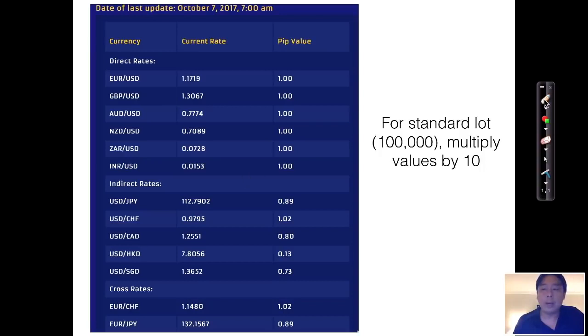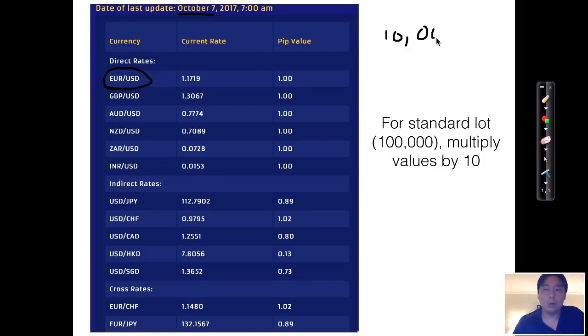So on this day, when I log in, it's the 7th of October. So as of the 7th of October, you can see that for Euro USD, the value of one pip is, now, this table is based on a mini lot of 10,000.